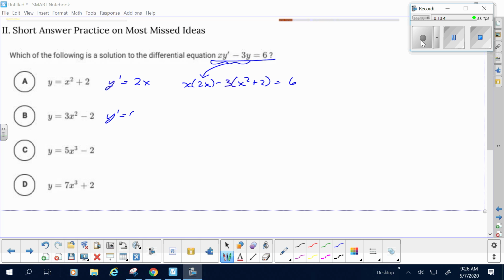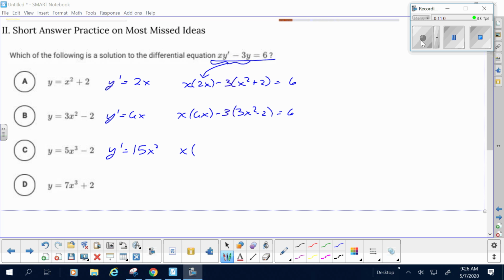Let's go with this guy. Y prime is 6x. Therefore, xy prime is x times 6x minus 3y is 3 times 3x squared minus 2. Same kind of deal. 6x squared minus 9x squared does not go away, so that's a no. This one, y prime is 15x squared.